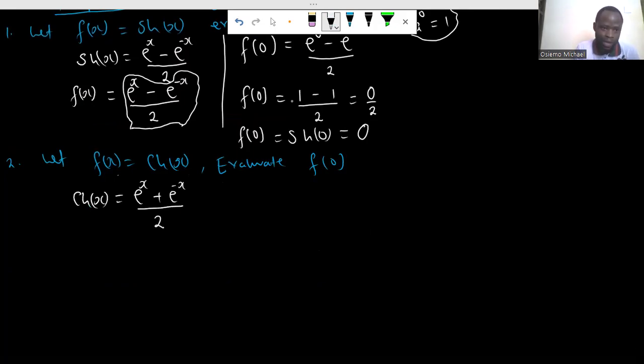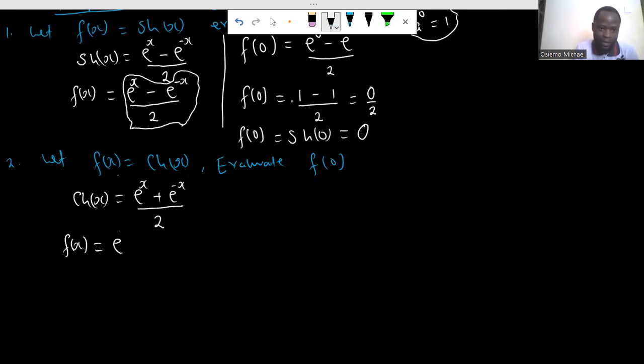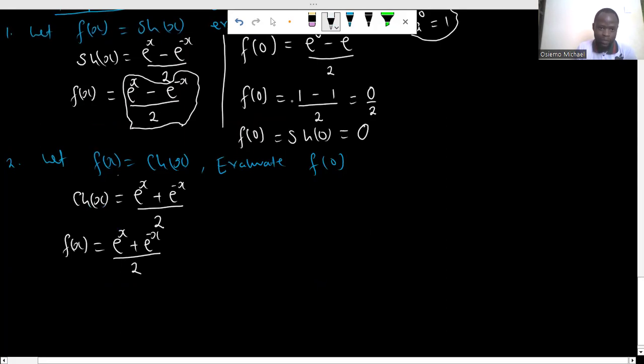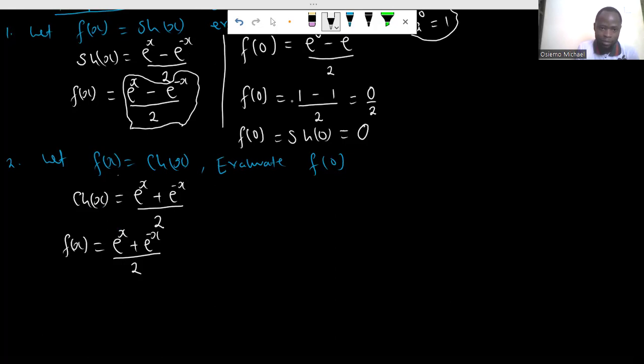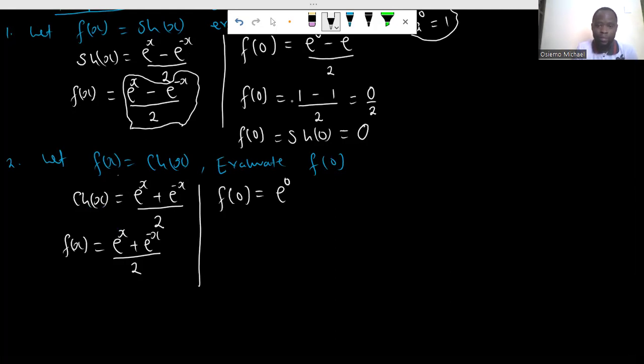So this simply means now our f of x will be equal to exponential x plus exponential negative x over 2. Now, again, you want to evaluate our function at 0. So this means we are going to have f at 0 will be equal to exponential 0 plus exponential negative 0, and all these over 2.